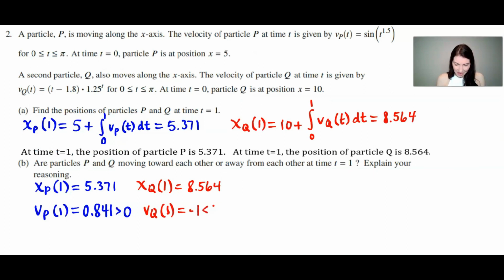And you can see that that velocity is less than 0, which means particle Q is going to be moving to the left. So if I did a little visual here of what's going on, let me put a little number line.